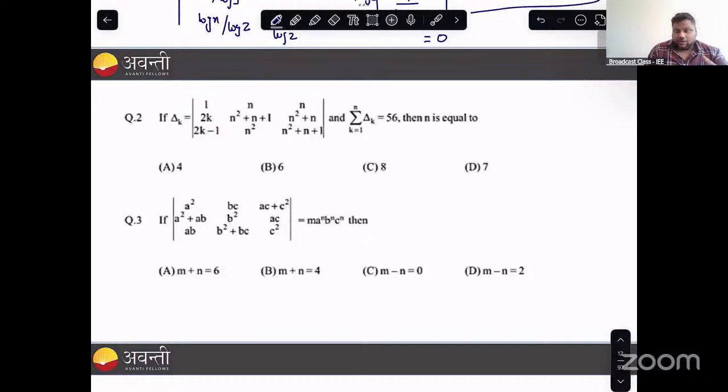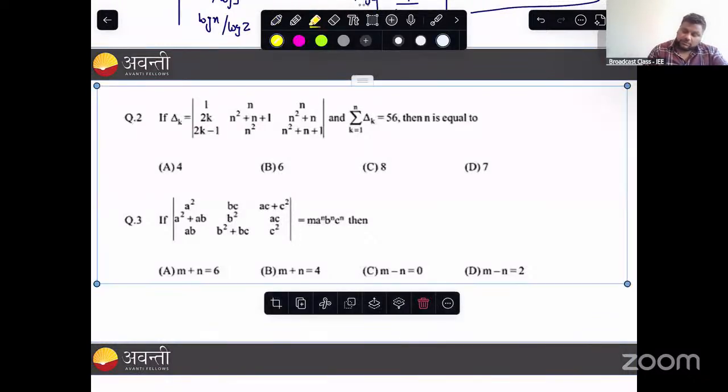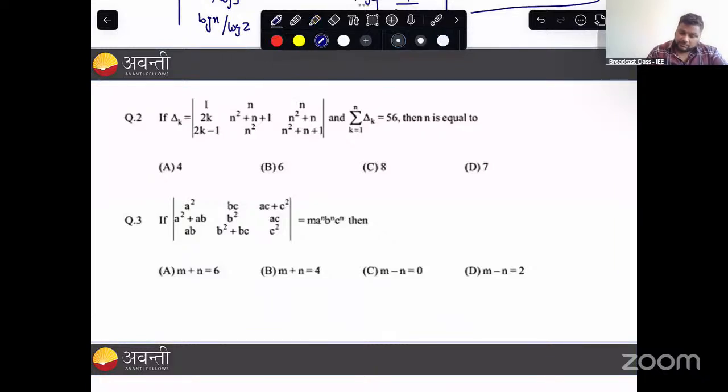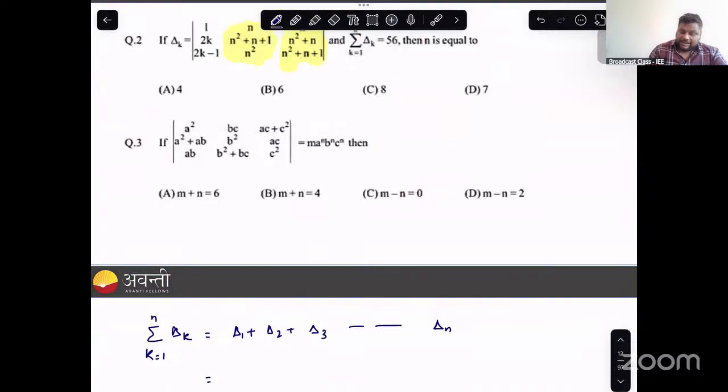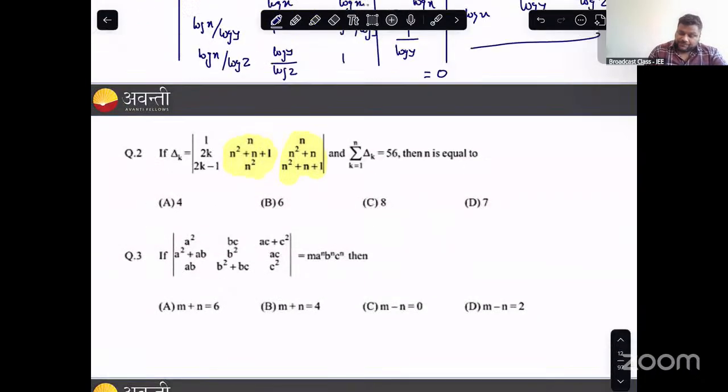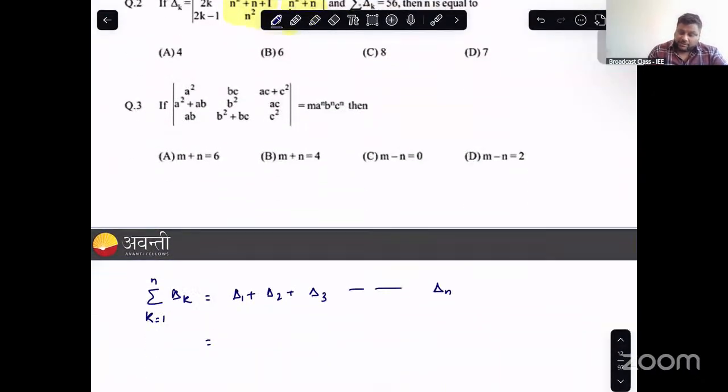Now see, in all of them, this row and this row, they are not dependent on k. They are independent of k. So, if it is so, I will have to add along the third row only, but means first column only.